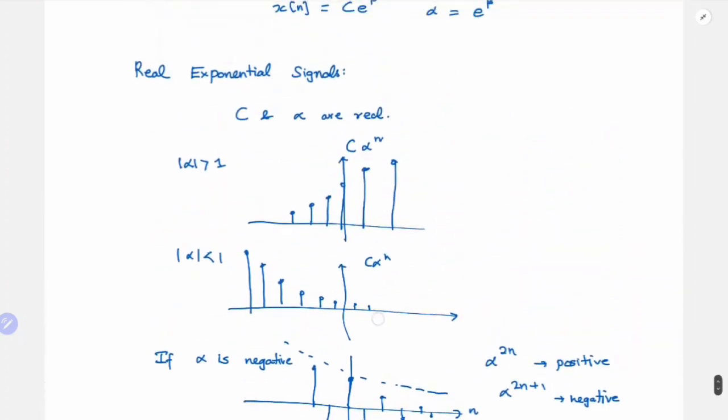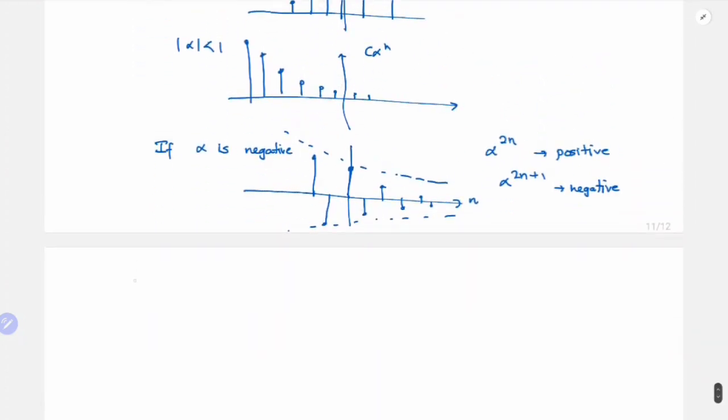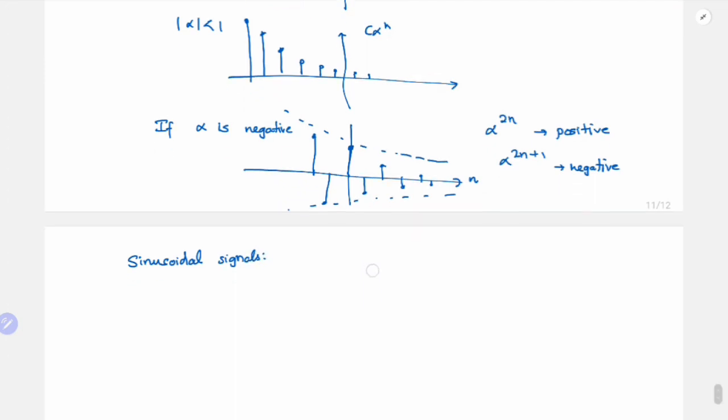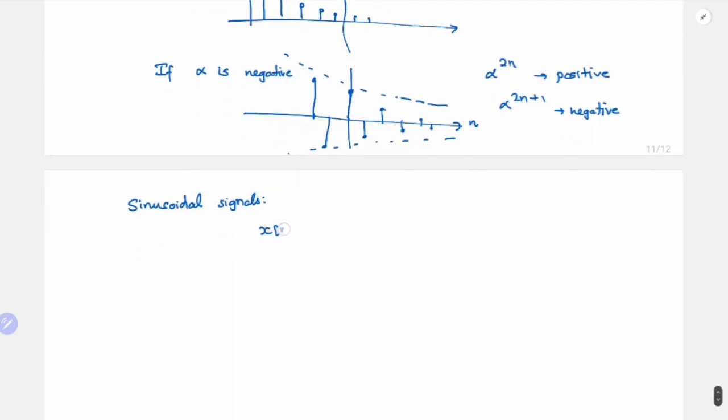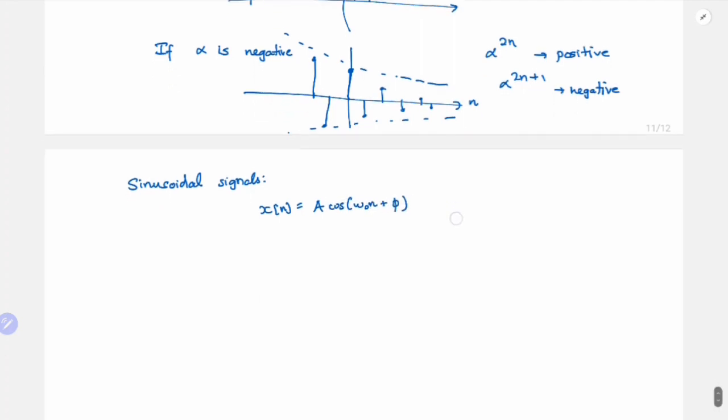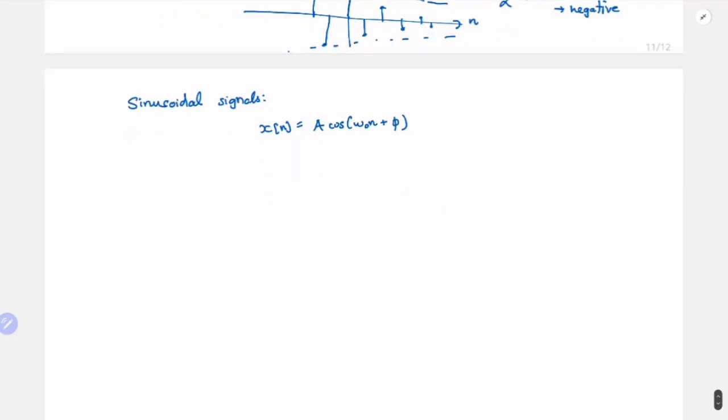So next, if you have just the sinusoidal signals, your x of n is equal to a cos omega naught n plus phi. Okay. So how will you write this? You will have a sinusoidal nature, right?